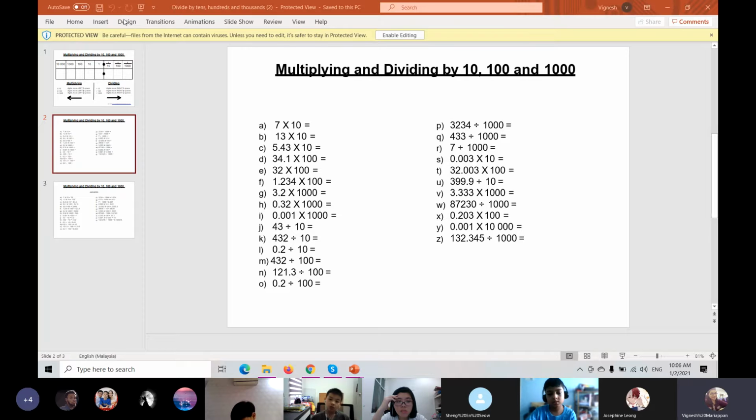3,200. Very good. 3,200. Understand or not, Adish? Yes, teacher. The only thing you all have to see is how many zeros and where is your decimal place. Okay, now Adish, please try again for F. 1.234 multiply with 100.